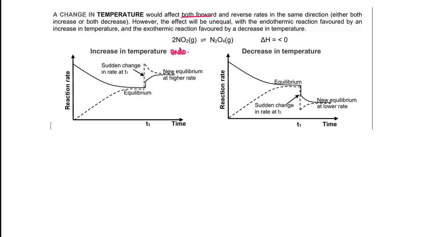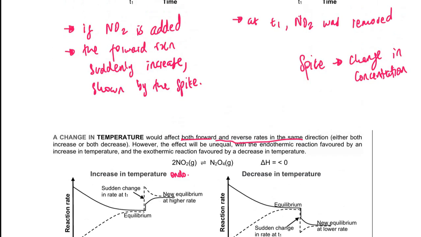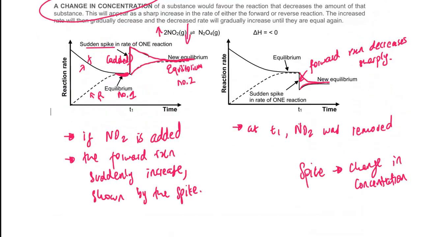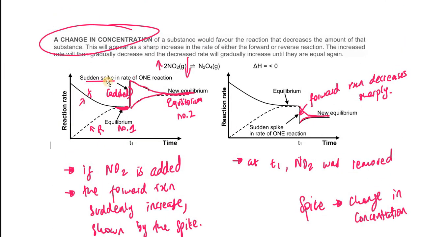Then there was a sudden change here. I want you to see that both of them go in the same direction. Unlike here, where they are going similarly, but this one is going down and this one is going up. You understand that? So that's how you know it's a concentration change, including a spike.